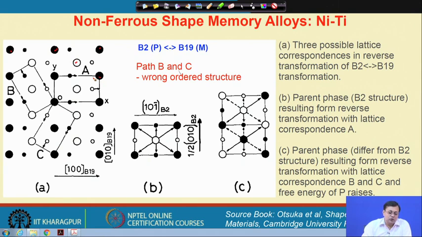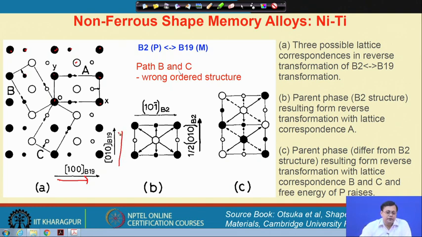B2 means an ordered type of structure, and inside that it is a BCC based structure. So, you can get one type of atom here, and this is the second type of atom, a very general case of how this ordering takes place. This is another type of atom, where the possibility of getting this atom can also be here. And this is a typical direction of 100 of B19, and this is 010 of B19 martensite.